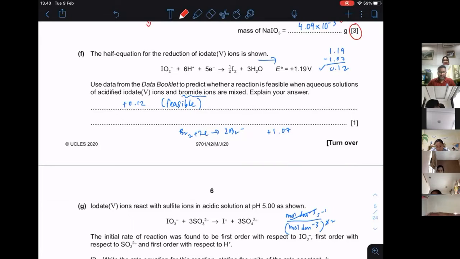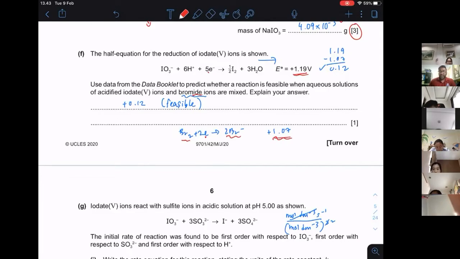I need to look for the bromide ion in the data booklet: you have bromine and bromide over there, and the E value is 1.07, taken directly from the data booklet. Then you also have 1.19 over here. We want to identify whether it's feasible or not. First, compare, and make sure both of them are in reduction form.